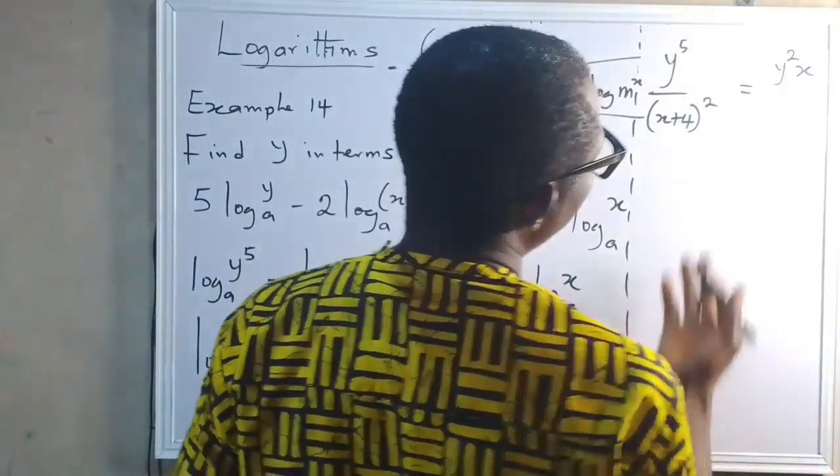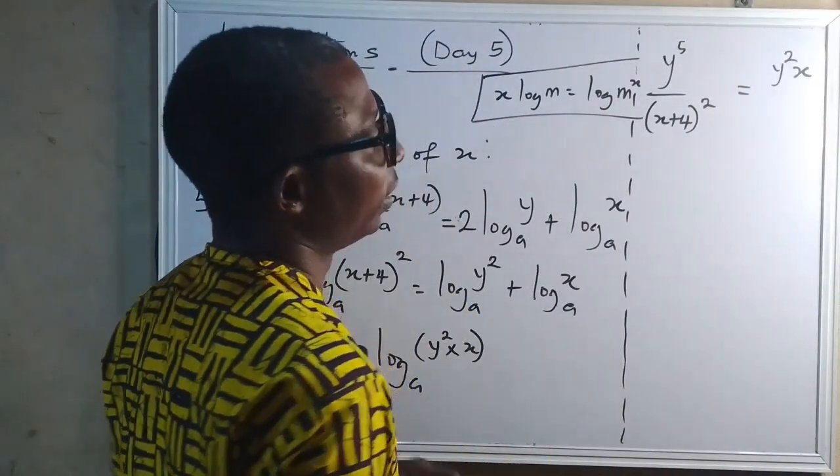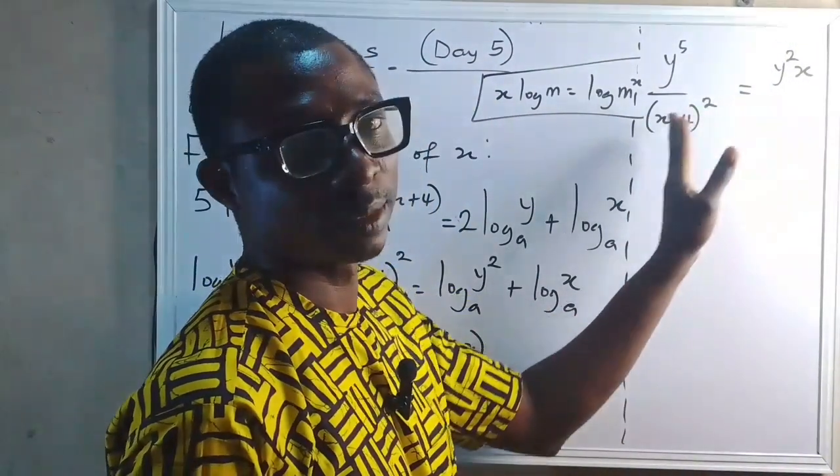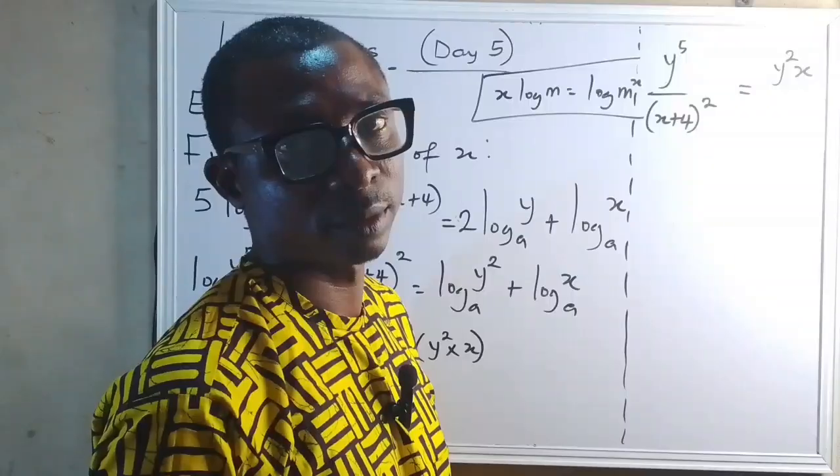Now, the next thing we do here is we divide both sides by y squared, right?